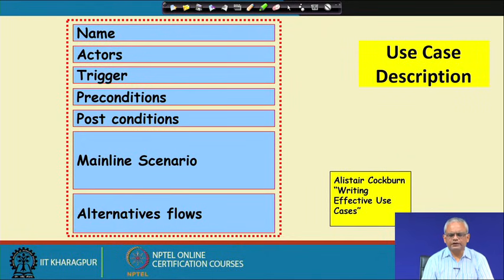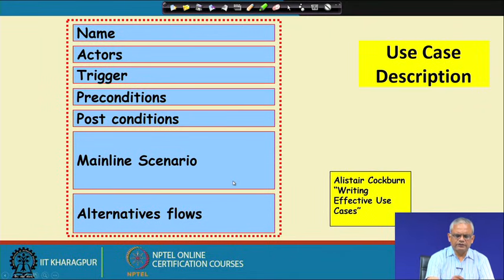There is no standard format that is prescribed by the UML, but then there are some ways to document the use cases which are considered as good practice. This is the one recommended by Alistair Cockburn in his book Writing Effective Use Cases. We can follow that, but then there is no hard and fast rule that we need to document in this way.